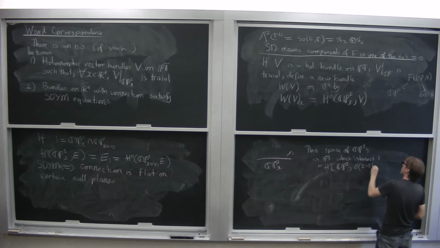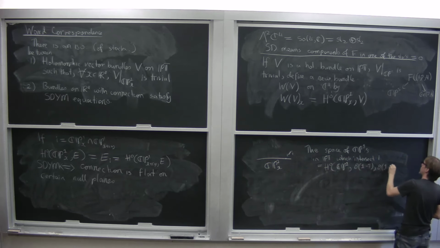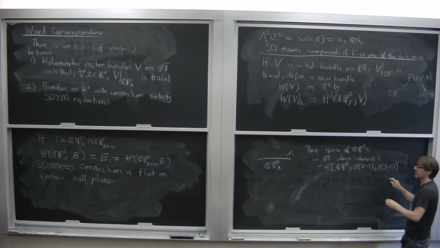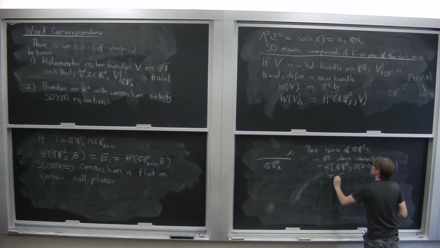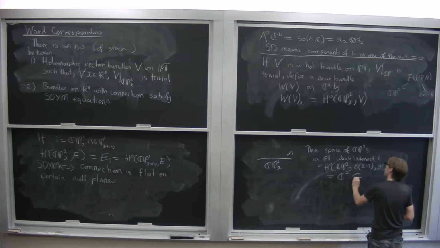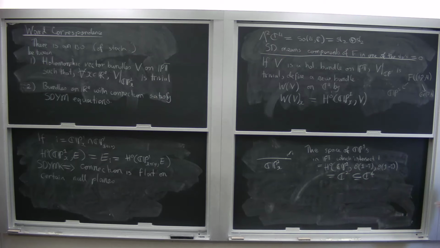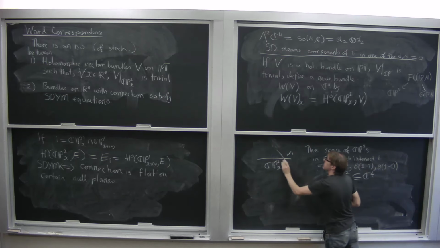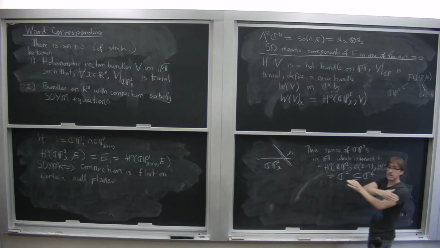One minus I. And because they vanish at I, this is a copy of C2 inside of C4. So these CP1s, which intersect here at the point, form a null plane.